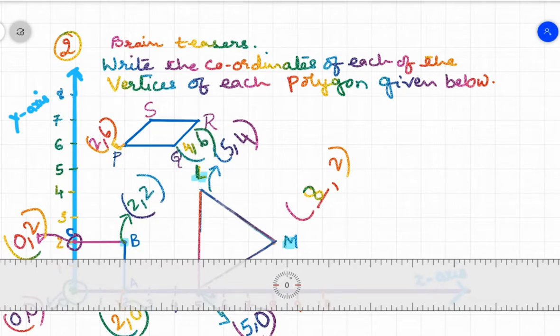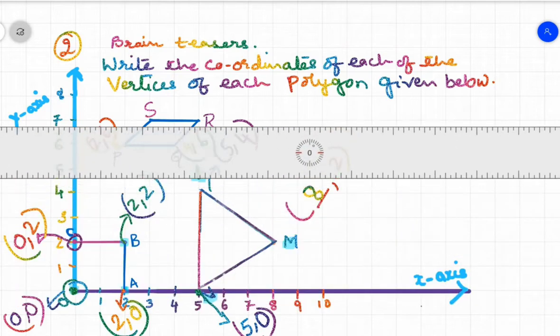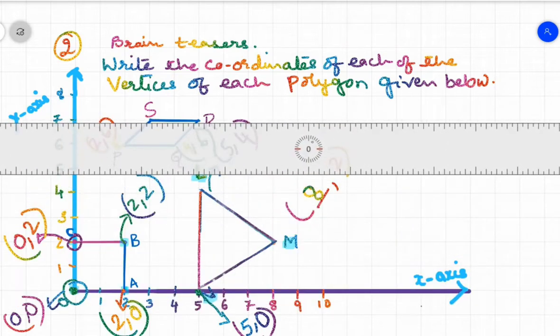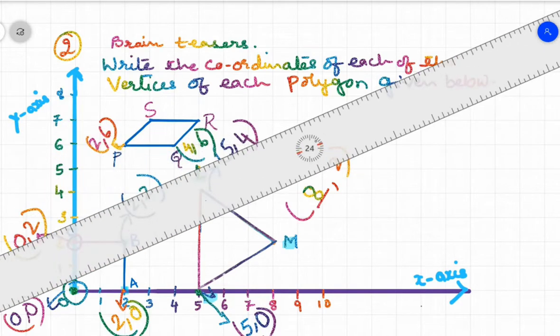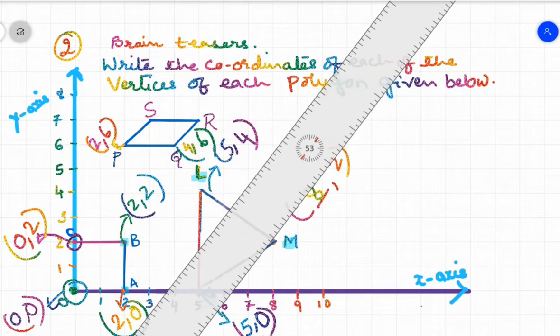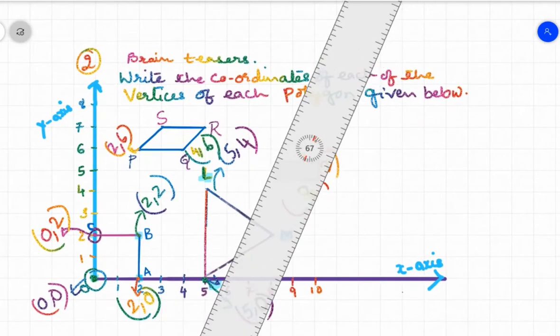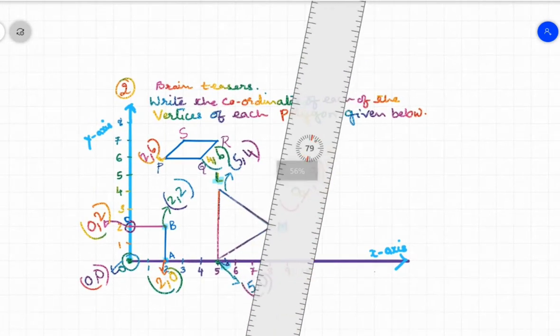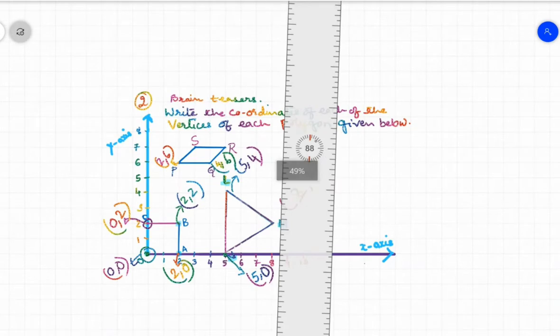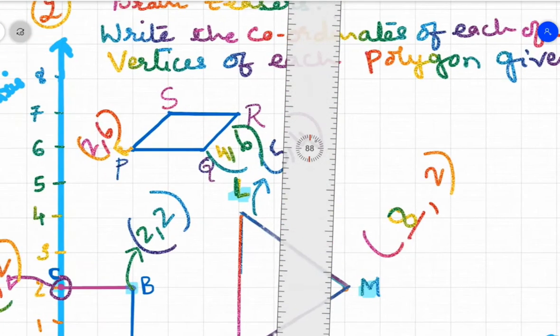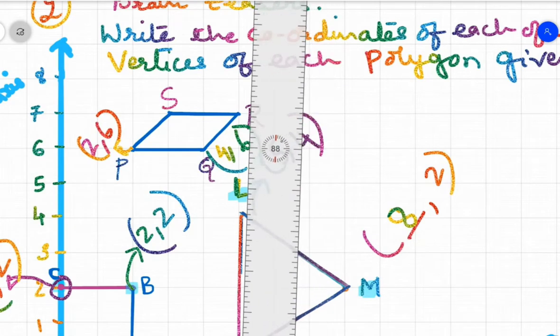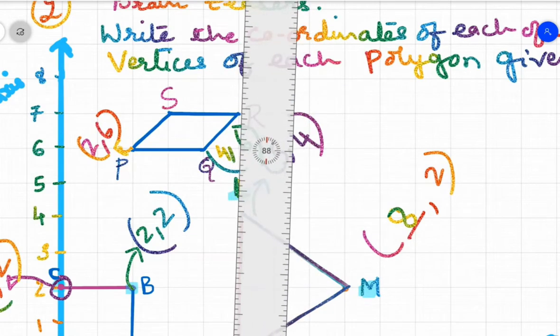Okay. Now let us see how much is R. See, the y coordinate is 7. Now let us see what the x coordinate for R is.